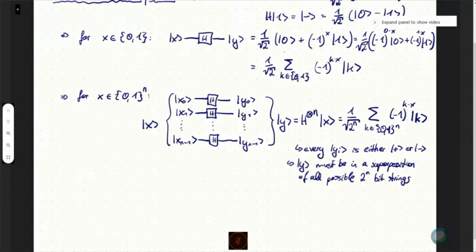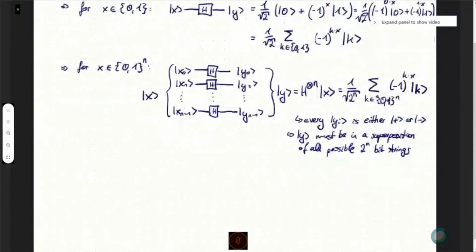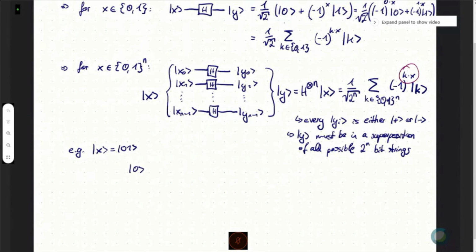And maybe just to give you now an example, so you understand how this formula is calculated, especially with the inner product. I think this k times x might be a bit confusing. So for example, if I have this as input state, the state 0, 1. So I have one qubit in the 0 state and the other one in the 1 state, and I apply the Hadamard gate to both of them.